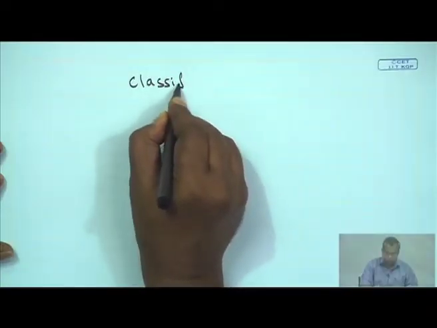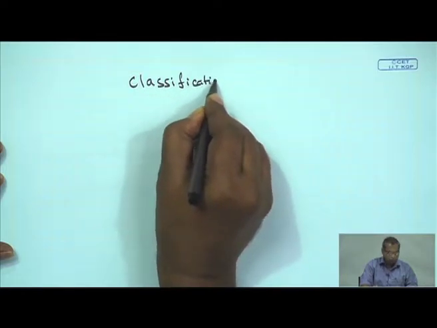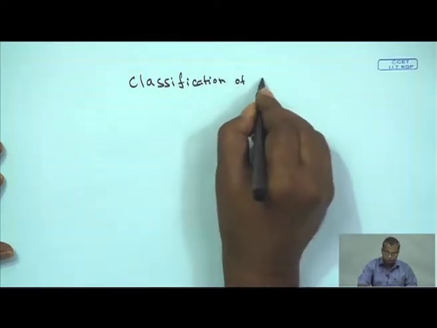Now, in this class, we will be looking into the classification, how we will be doing the classification or categorization of the partial differential equations. Now, let us look into the classification of equations.